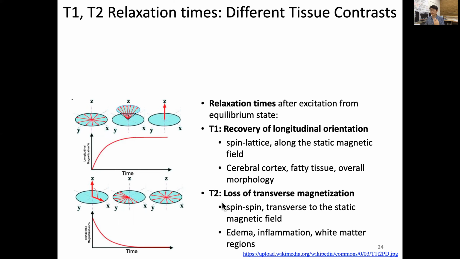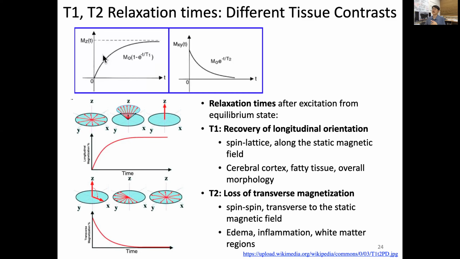And T2 is a little different. T2 measures in the XY plane. So this is the transverse magnetization, and we are measuring the loss of transverse magnetization, because once it is excited and then it dephases, it loses transverse magnetization. So this is called spin-spin interaction and is transverse to the static magnetic field.